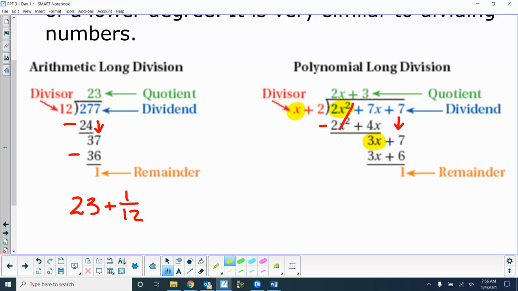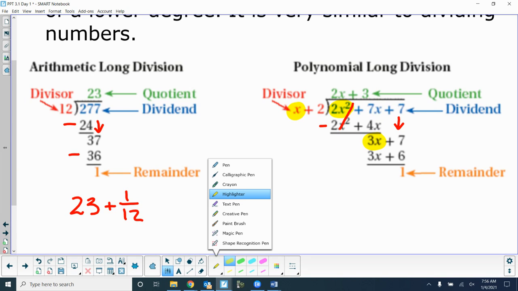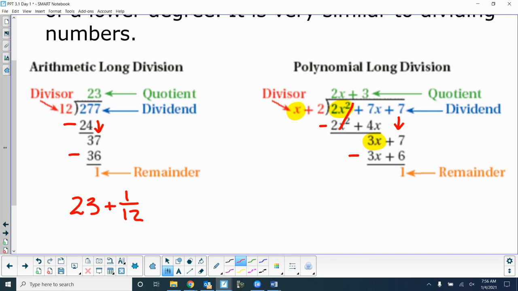And then I just do the same thing. I'm going to multiply 3 times x to get that 3x, and 3 times 2 to get that 6. And then what do I do? I subtract. Same procedure. That's what I did here.